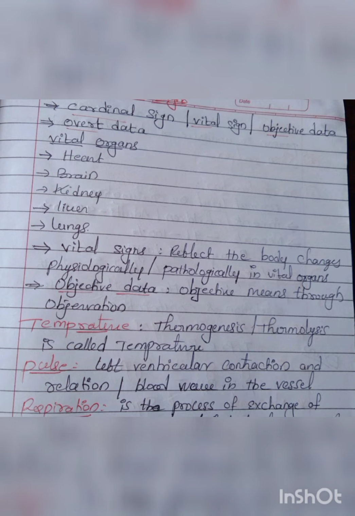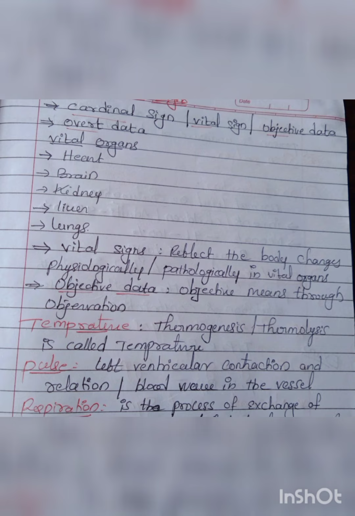When it contracts, the blood that passes through the aorta and into the systemic circulation shows in the form of pulse.